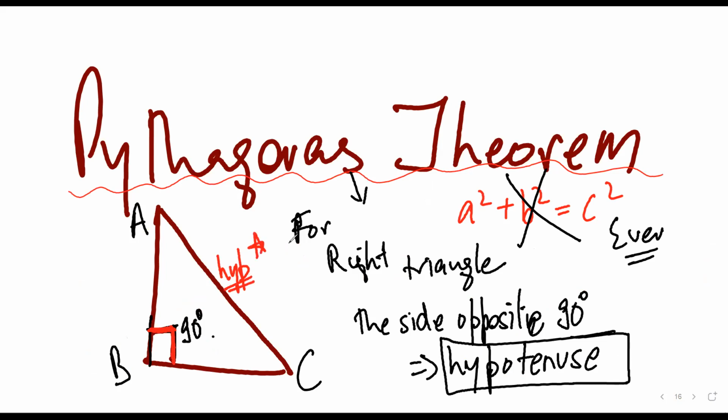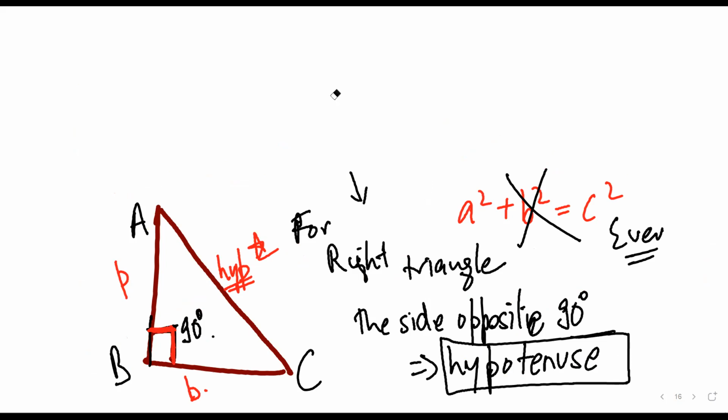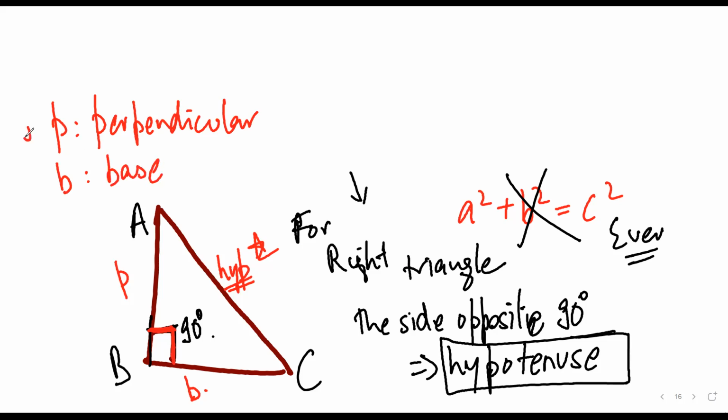Now, this is confirmed. One side is taken to be perpendicular, the other is taken to be base. Let me make some space. P perpendicular, and the other side is taken to be the base.